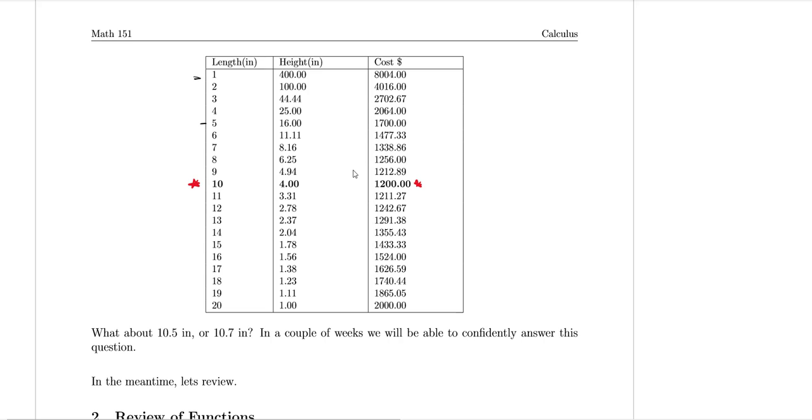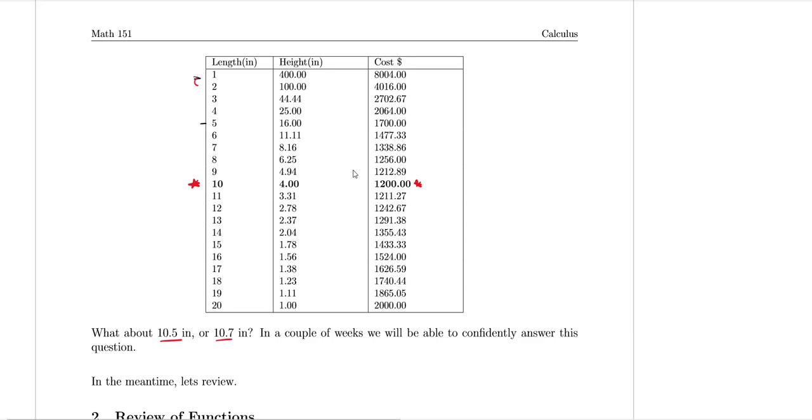But there's a flaw here, because I'm increasing the length of the base of the box by 1 unit intervals, from 1 to 2, 3, 4, 5, and so forth. But how do I know that it's exactly at 10 inches? What if I try 10.5 inches or 10.7 inches?